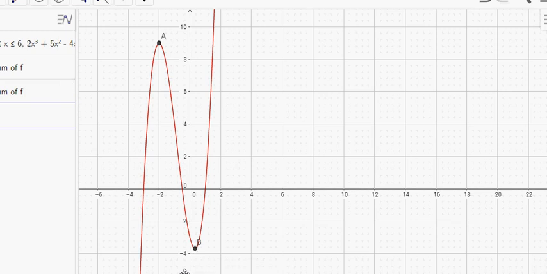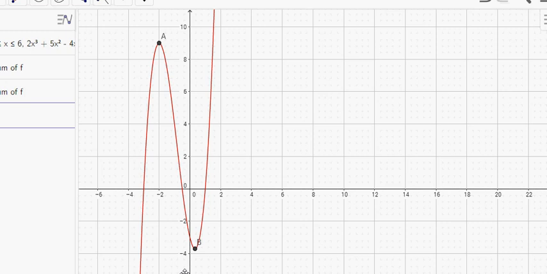So 100 divided by 27 is roughly 3.7. So in other words, this point here is 1/3 minus 3.7. So if we added 3.7 to our original function, that would bring the graph up by 3.7.